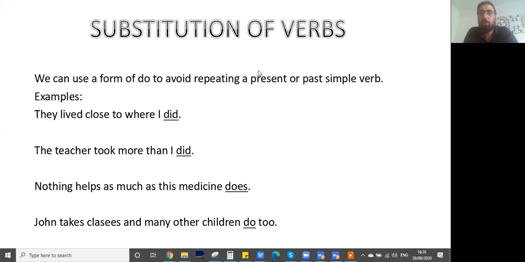They lived close to where I did. The teacher took more than I did. Nothing helps as much as this medicine does. John takes classes, and many other children do too. So number 1, lived. Good. Number 2, the teacher took more than I did.